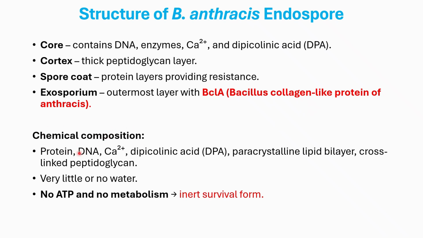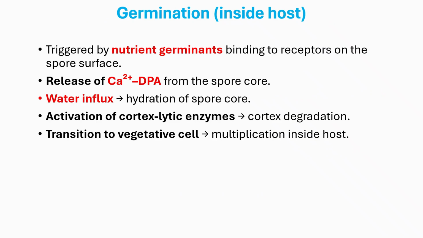Chemically, the endospore is composed of protein, DNA, calcium, dipicolinic acid, a paracrystalline lipid layer, and cross-linked peptidoglycan. It contains very little or no water and has no ATP, carries out no metabolism, making it an inert but highly durable form capable of surviving extreme conditions.